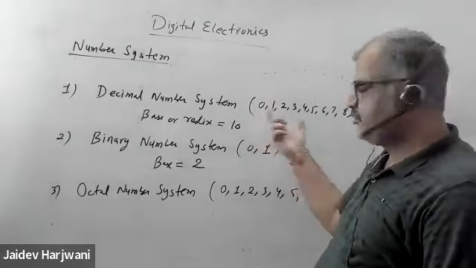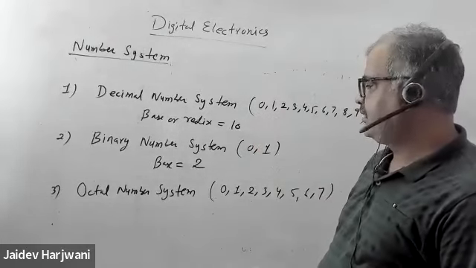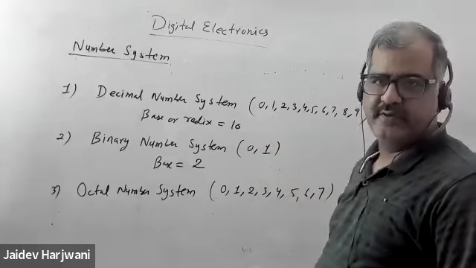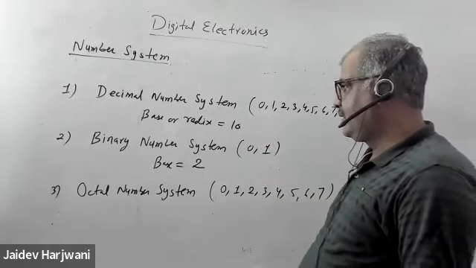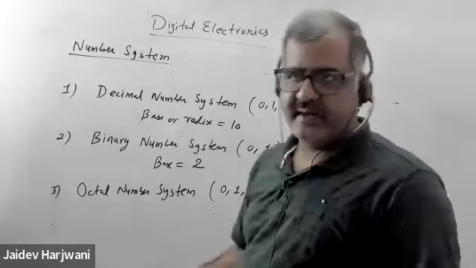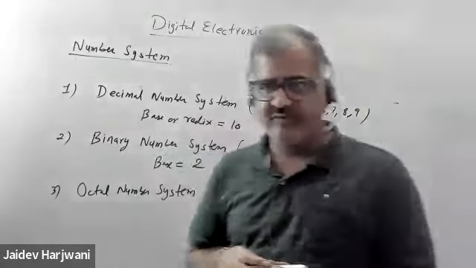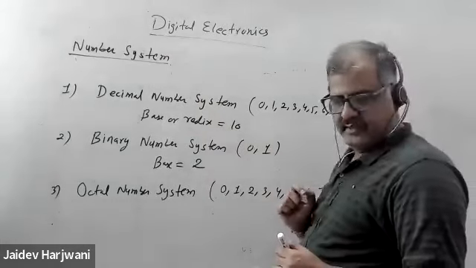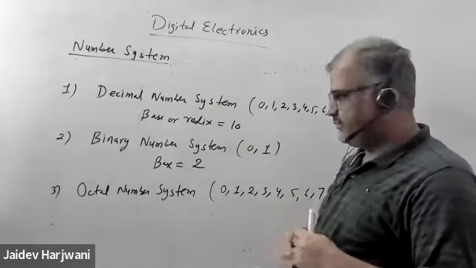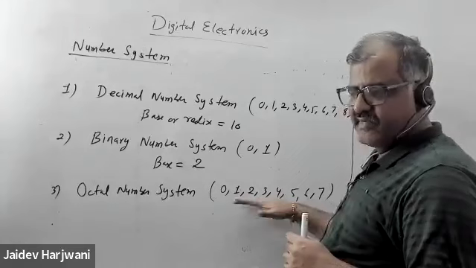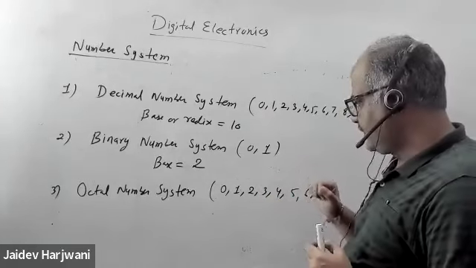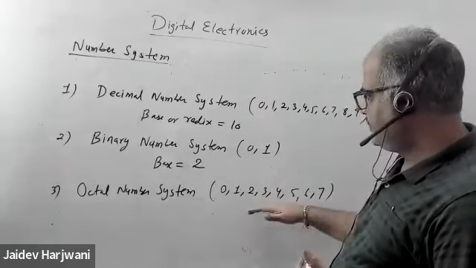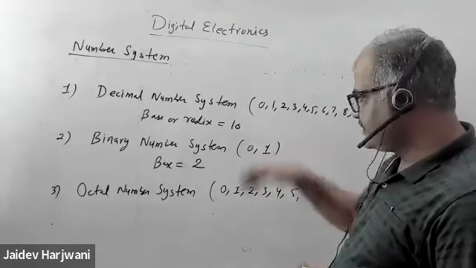Decimal you are all aware of; we use the symbols from 0 to 9. In the binary number system any number can be written in terms of 0 and 1, as an array of 0s and 1s. Similarly, in the octal number system you use only these 8 symbols to write any number. So you can represent any number in these number systems.